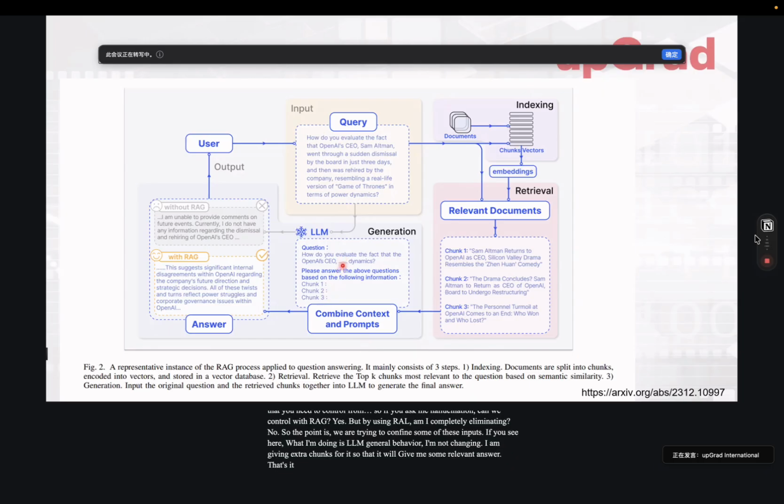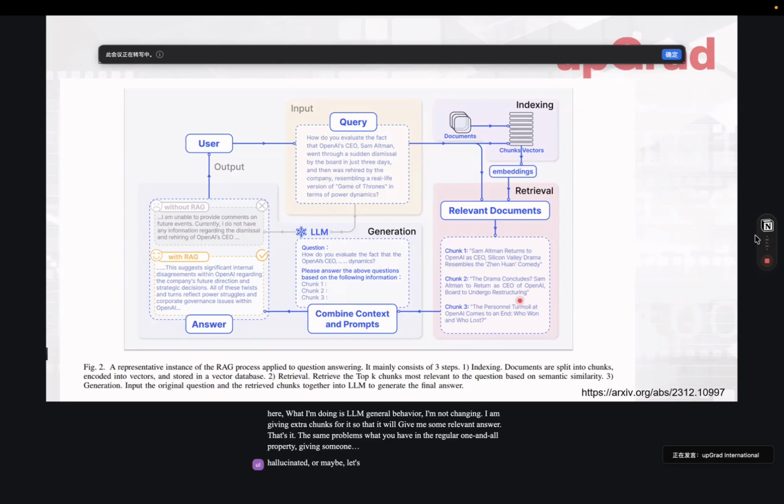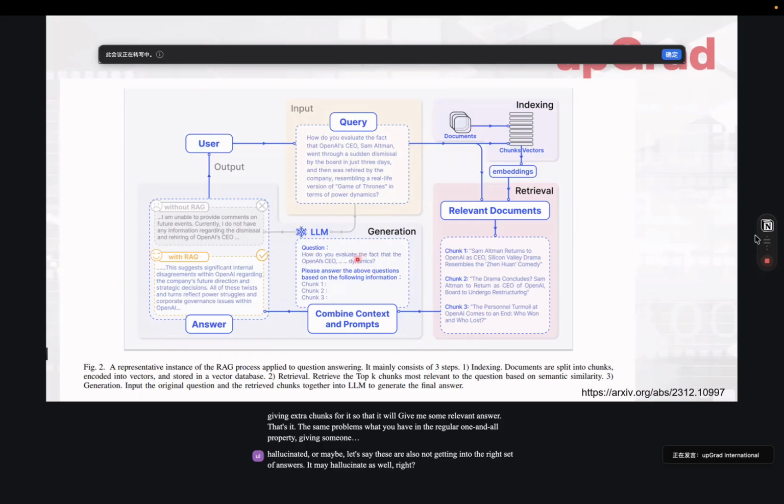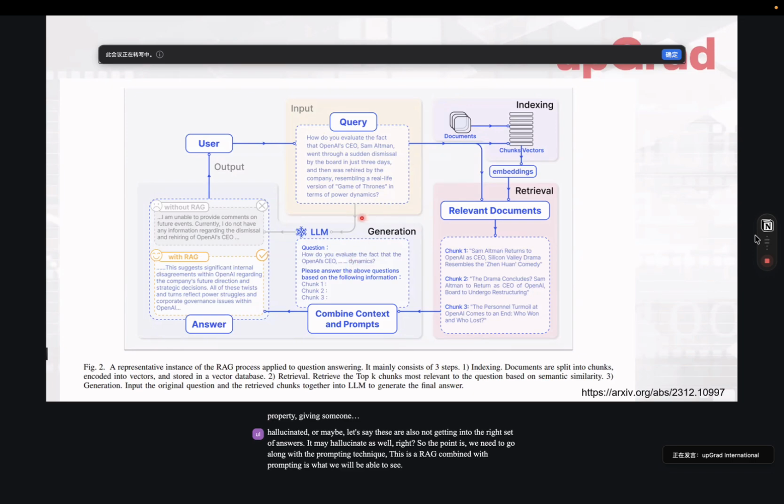That's it. The same problems you have with regular prompting, giving hallucinated answers or not getting the right set of answers, may hallucinate as well. So we need to go along with the prompting technique. RAG combined with prompting is what we will see, because first we will try with prompting only, before coming to RAG.